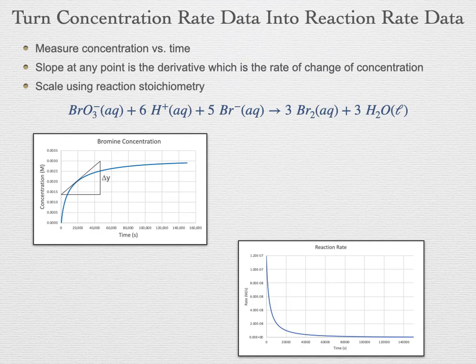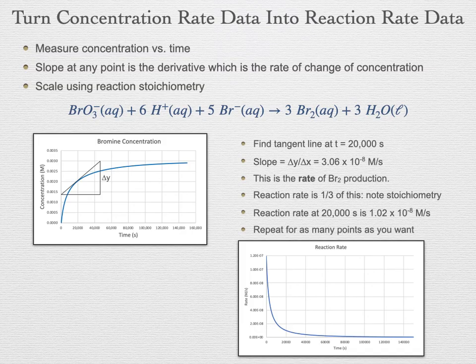The reaction rate curve is a plot of the slope of the concentration curve. The first graph plots the concentration versus time, while the second one plots the rate of change in concentration, scaled by the stoichiometry, versus time. The bromine concentration is continually increasing, so its derivative is always positive.